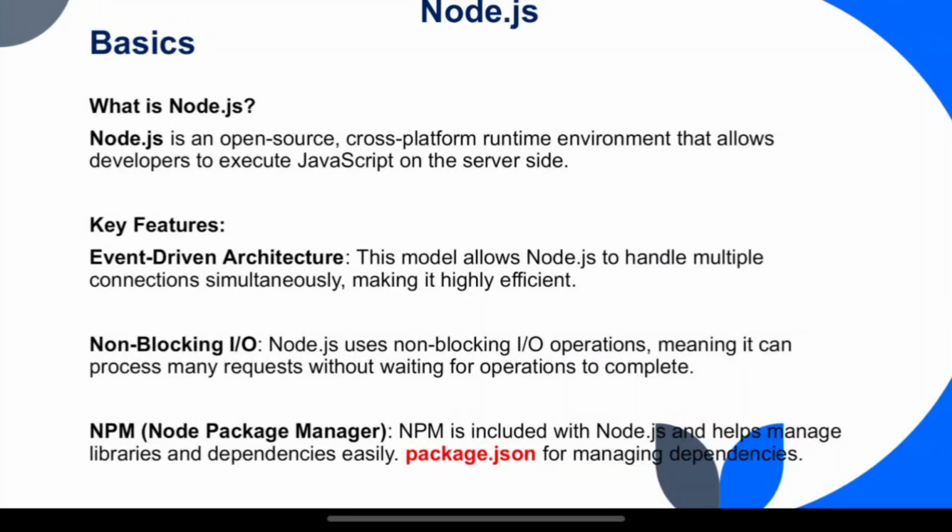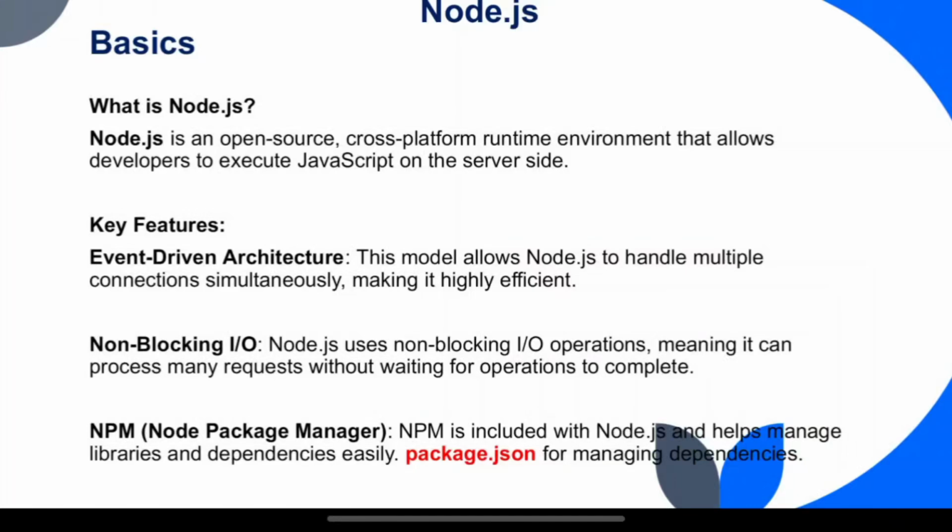Node.js. Basics of Node.js. What is Node.js? Node.js is an open source, cross-platform runtime environment that allows developers to execute JavaScript on the server side. Key features: event-driven architecture. Node.js has an event-driven architecture.